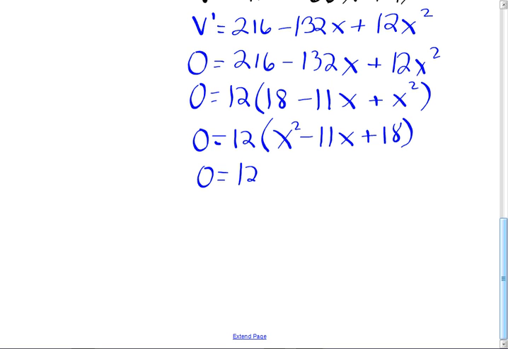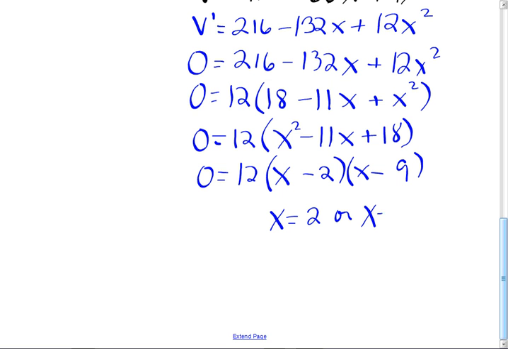Not very many. And I've been doing this for 34 years. So I have seen them all and done them all multiple times. That's why factoring is easy for me. So it's x and x. Yep. And so the answers would be x is equal to 2 or x equals 9.